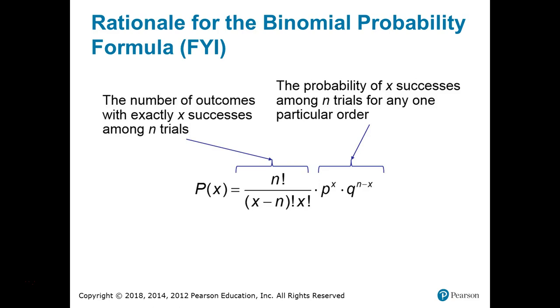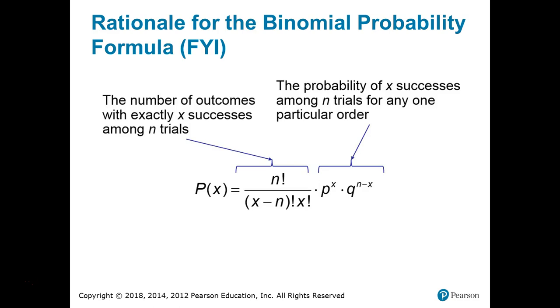Some of the rationale for this is just kind of showing you where the equation is coming from. This portion of the equation is giving you the number of possible outcomes. Notice it looks very similar to some of the counting formulas we did in chapter 4. And then right here is just going to be the probabilities of the multiplication counting rule.